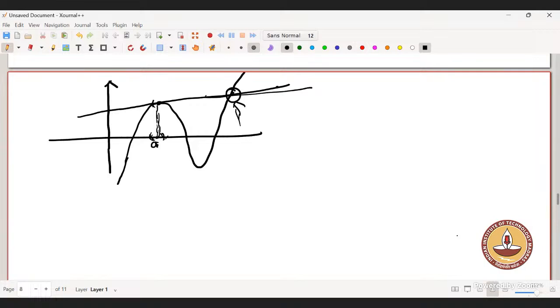At that point, it will touch the curve. It has to touch because the line passes through that point, right? So in general, at x equal to a, the tangent line touches the curve. Okay, sir. Thank you.